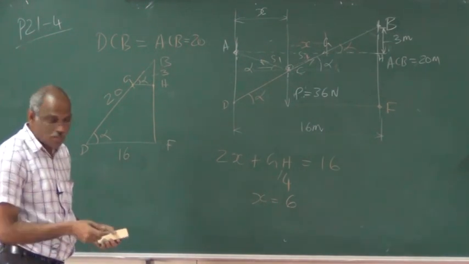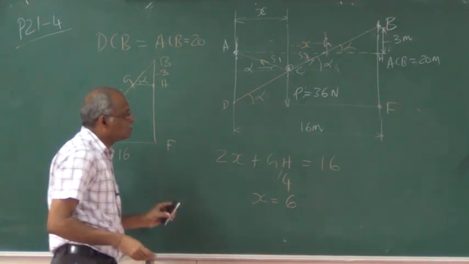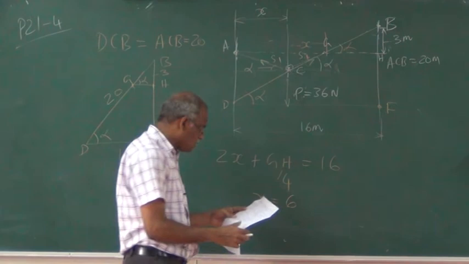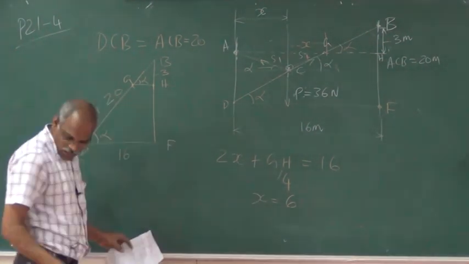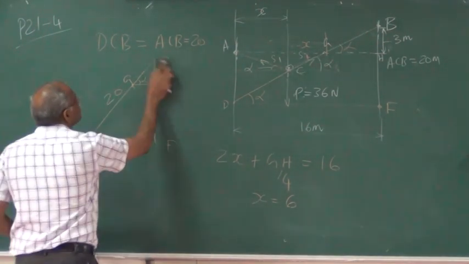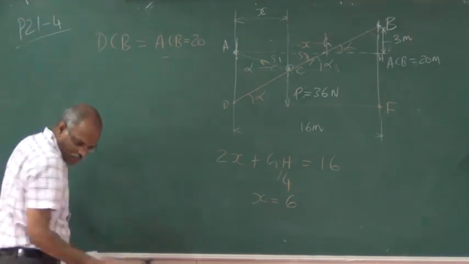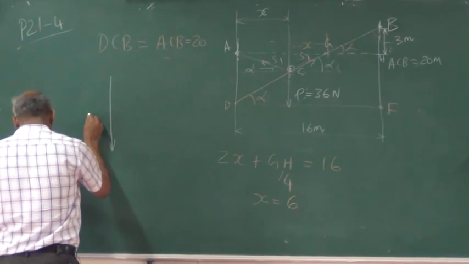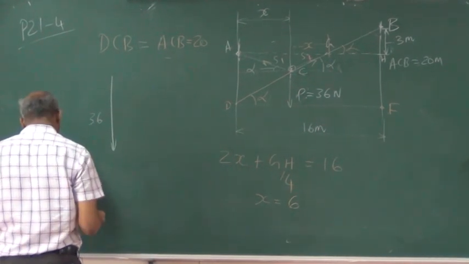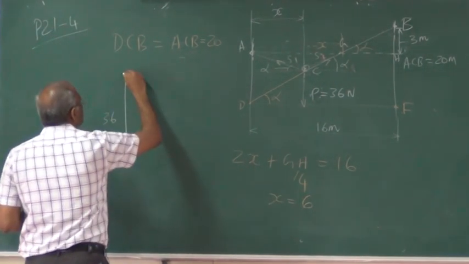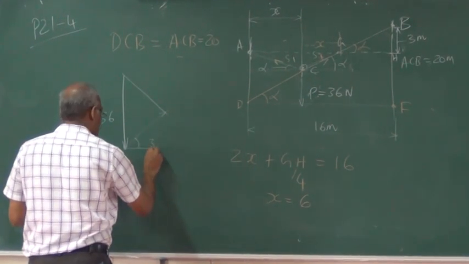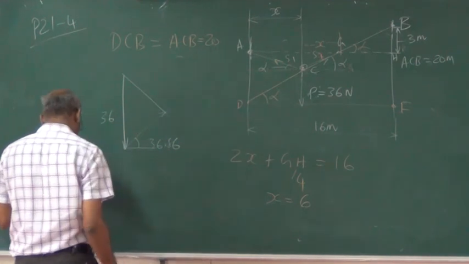So we can do it like this by calculation. Now if you take the other aspect, that is the force polygon, to find the tension, this is your vertical weight, that is 36 Newton. Then we have the two forces, this angle is alpha, that is 36.86.